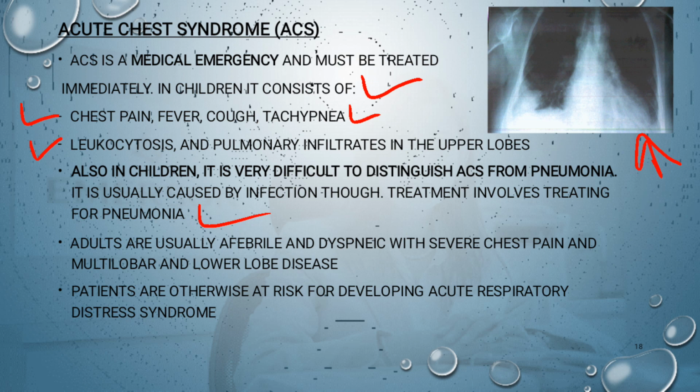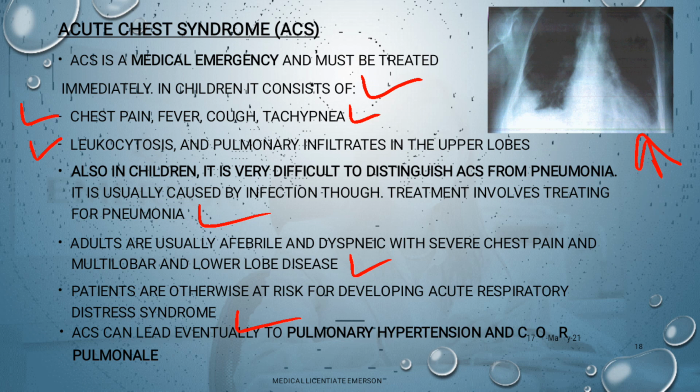Okay. Adults are usually febrile and dyspneic with severe chest pain and multilobar and lower lobe disease. Then patients are otherwise at risk for developing acute respiratory distress syndrome. Then the acute chest syndrome can eventually lead to pulmonary hypertension and or cor pulmonale as well.